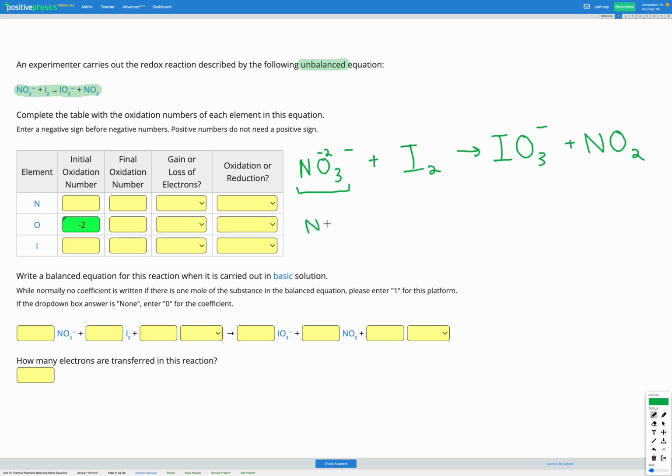So we have nitrogen plus 3 oxygens equals -1, since the charge on a polyatomic ion is equal to the overall oxidation number. And the oxidation number of oxygen is -2. So we have nitrogen plus 3 sets of -2 is equal to -1. So that's nitrogen minus 6 equals -1. Adding 6 to both sides, that gets me 5 for my oxidation number of nitrogen.